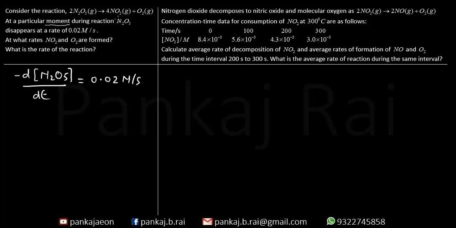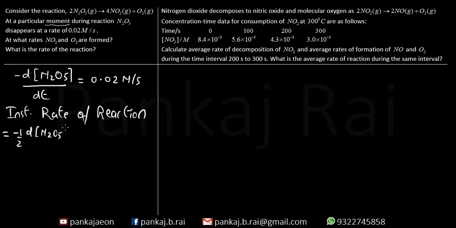It is very simple, as we have seen in theory, that we can compare the rates. So the instantaneous rate of reaction can be written as minus 1 by 2 change in concentration of N2O5 upon change in time.